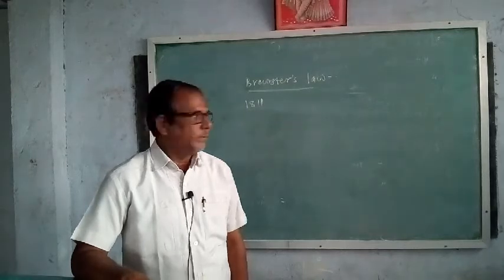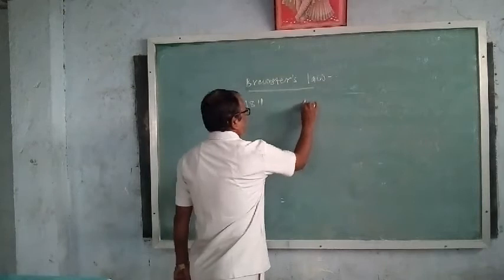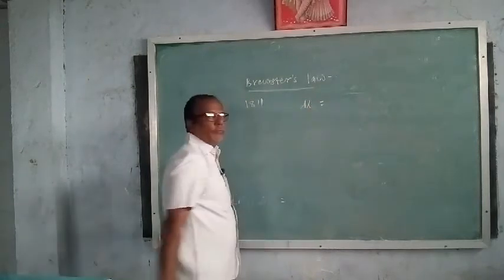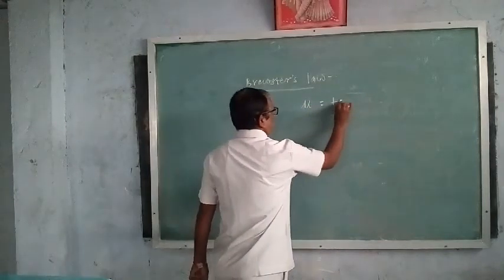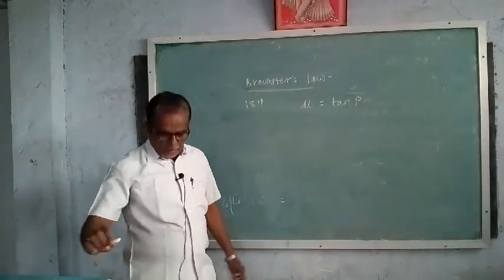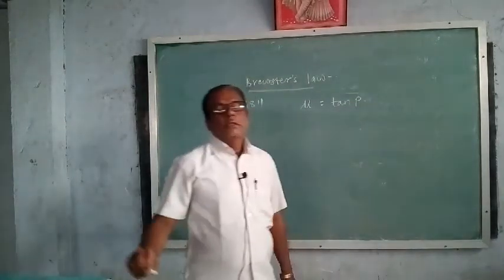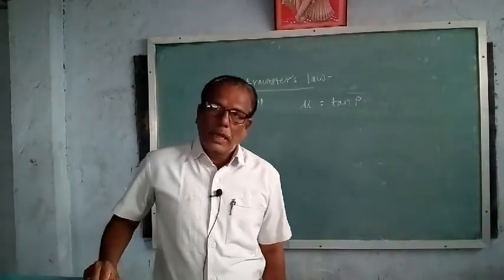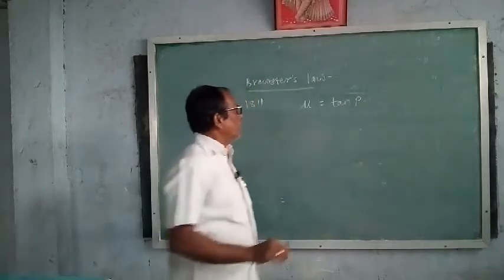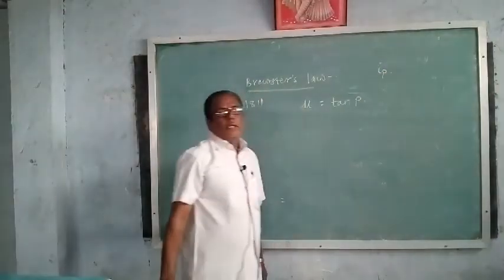This is the statement. Mathematically, Brewster's law can be represented as mu is equal to tan p, where mu is the refractive index of the medium and this p is nothing but the polarizing angle. In some books, the polarizing angle is denoted by the letter IP.